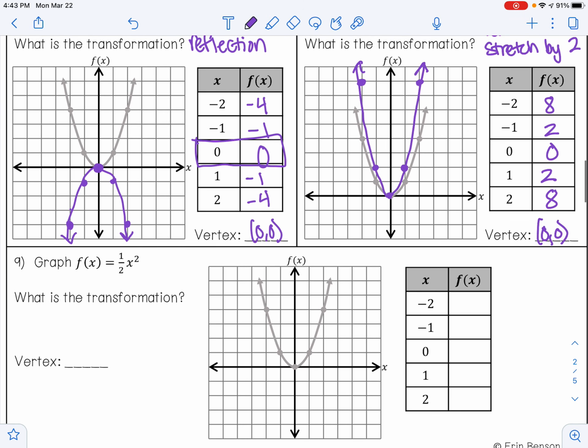So here I have graph f of x equals 1/2 x squared. So again, I'm just going to plug in these x values into my formula. And when I do that, I get 1, 0.5, 0, 0.5, and 1.